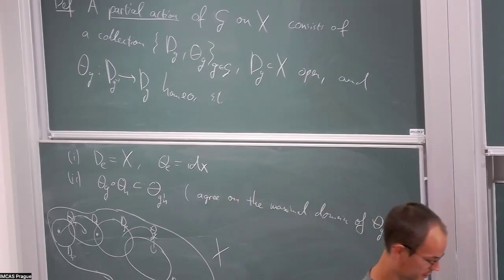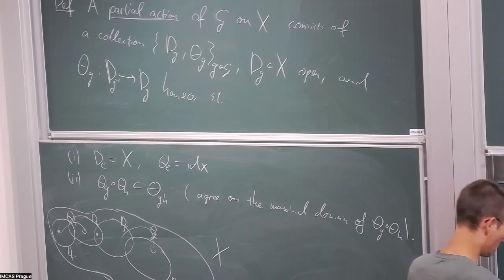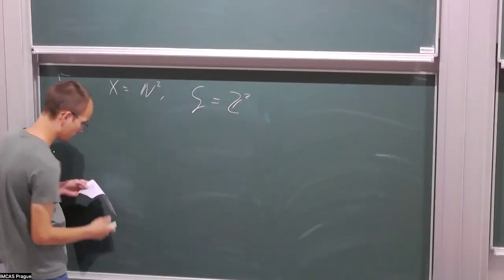Okay, so now we see an example, which is already kind of close to the kind of example that Akila will use in her talk. We let the space be the natural numbers squared, and we let the group be the integers squared.